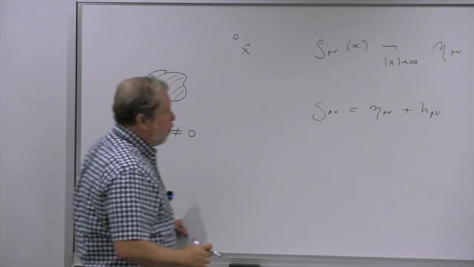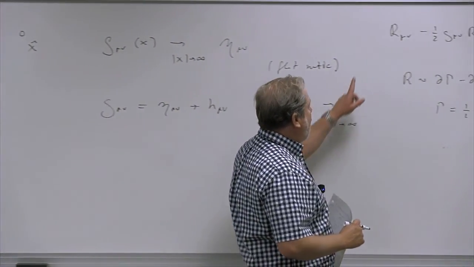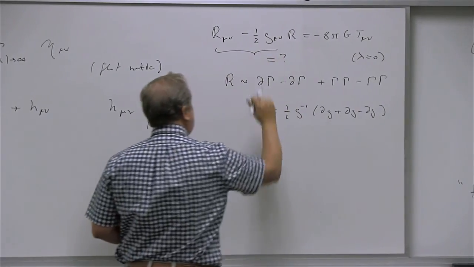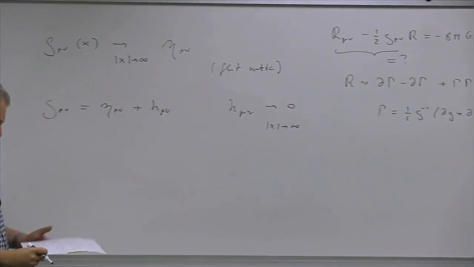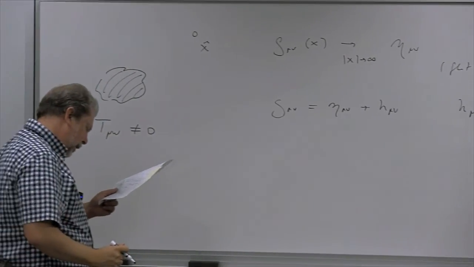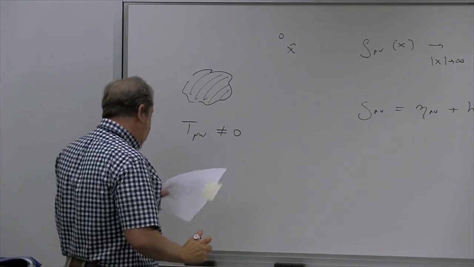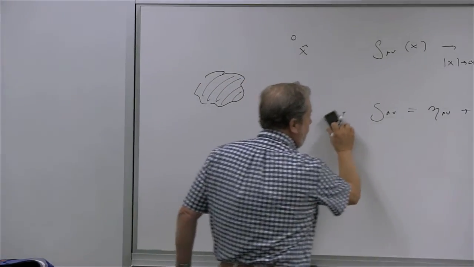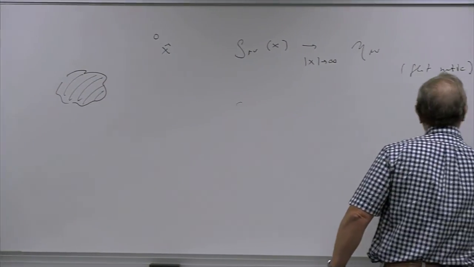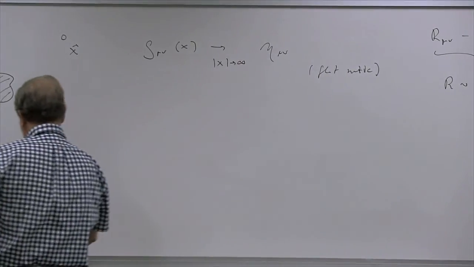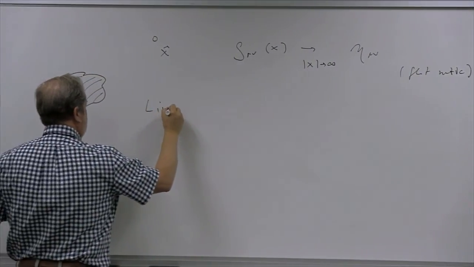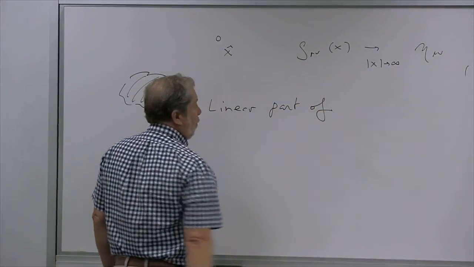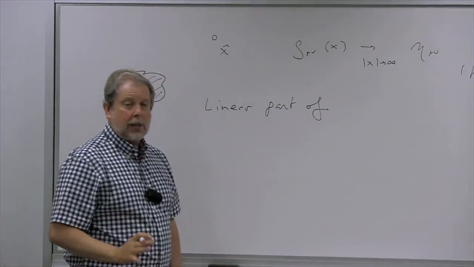So the first thing we have to figure out in order to do this sort of expansion is what happens to this piece here, right? So what happens to this piece when you do the weak field expansion? And this is something that you can patiently work out. Let me make a little bit of space here. So we look at the linear part, the piece that is linear in h.